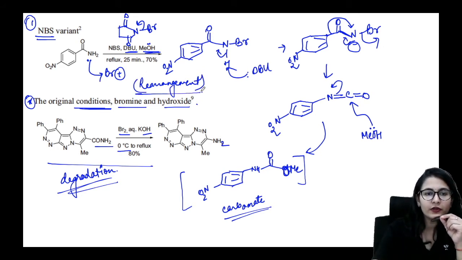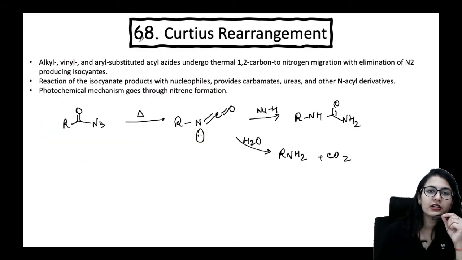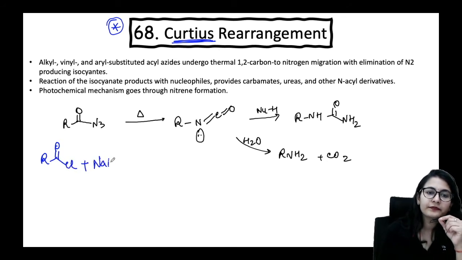Okay, now we move onwards to the next reaction, that is your Curtius rearrangement. Guys, very simple once again. You just have to remember what is the condition. In Curtius rearrangement, you are going to do the rearrangement of your acyl azide, and you are starting with, let's say, RCOCl plus NaN3. Okay, so you have to remember this is your thermal rearrangement of the acyl azide, just that.